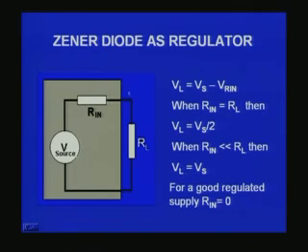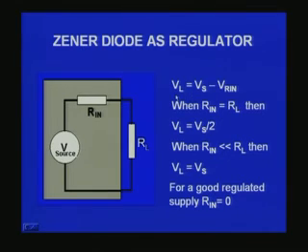So VRin is the voltage developed across Rin, and Vs is the ideal voltage source, and VL will be the difference between these two, as you can see from basic KVL, Kirchhoff's voltage law.